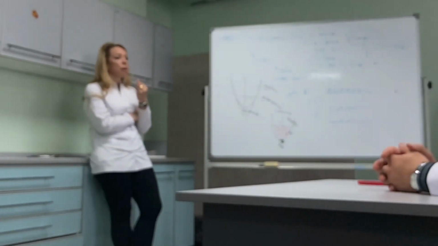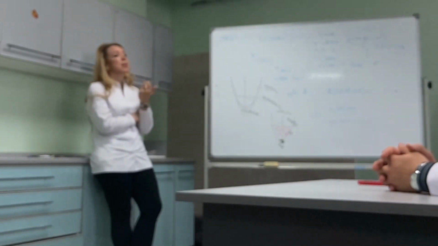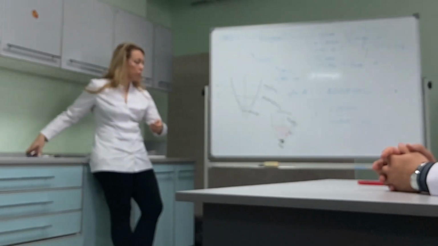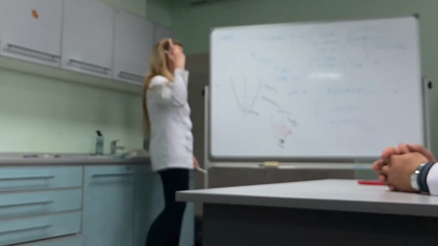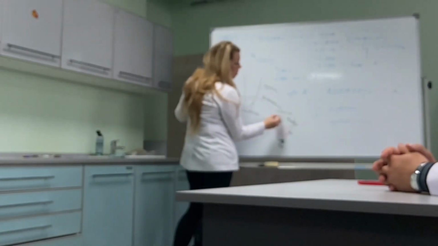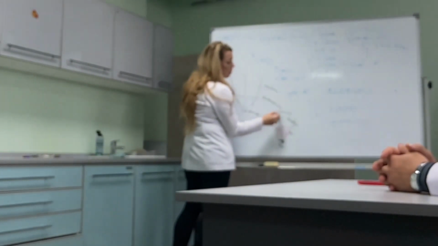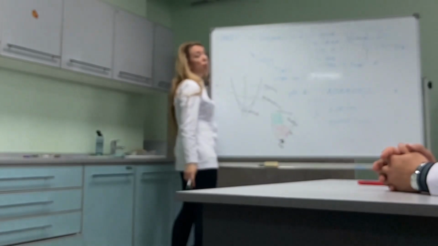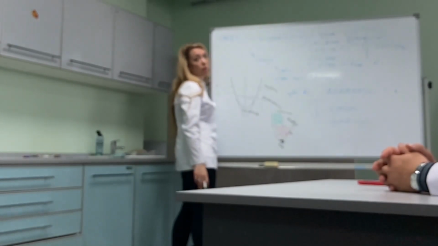Where will the operative access be? For example, if it's one side, only the first floor, the sublingual area, where will the point of access be?